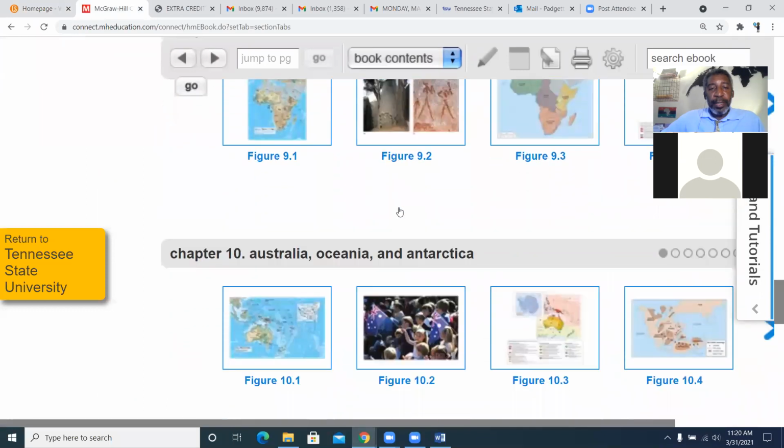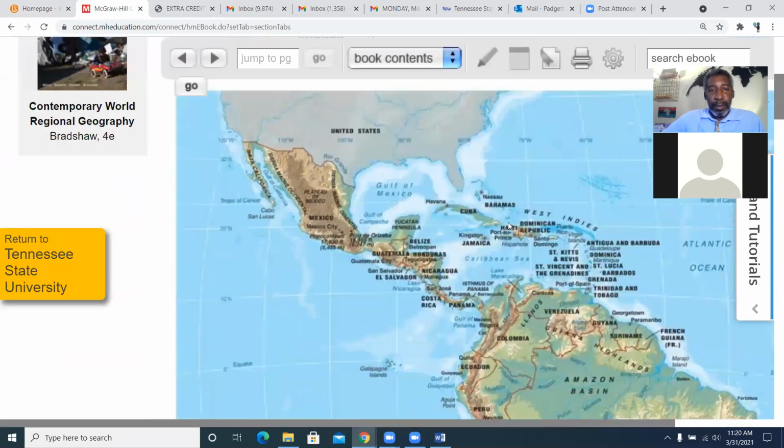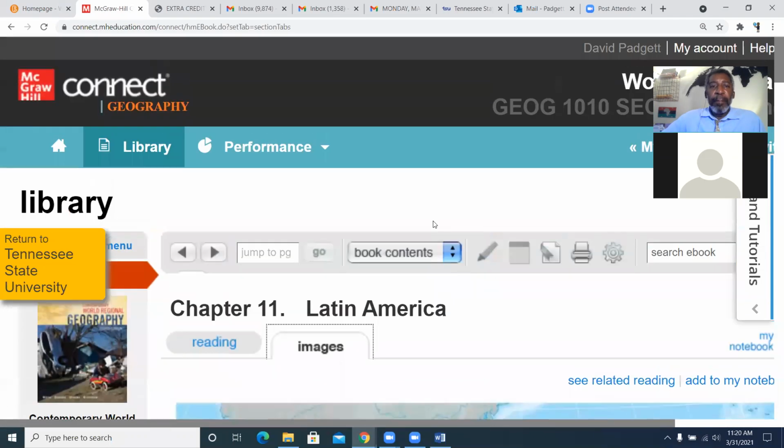And of course, along the west coast of South America is where we find the Atacama Desert here. So again, we have the Atacama Desert along the west coast of South America.